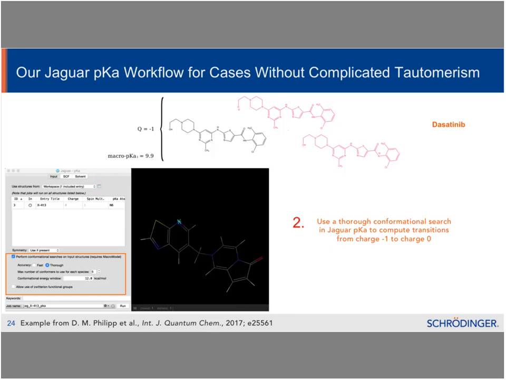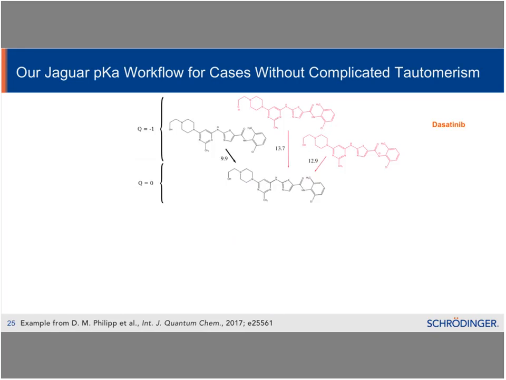And you will be doing this to calculate micro pKa for each of these transitions from charge -1 to charge 0. Notice that for charge 0, here we have a single tautomer, single molecule. And you calculate a micro pKa for every transition from every tautomer with charge -1 to this single tautomer of charge 0. If you had multiple tautomers of charge 0, you would have to calculate all the combinations of these micro pKas.